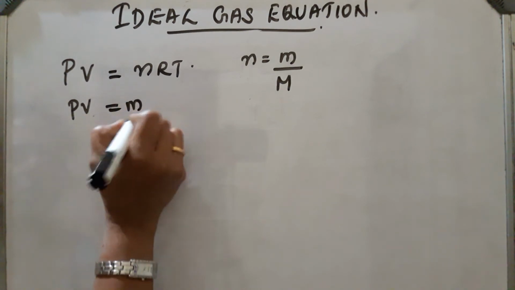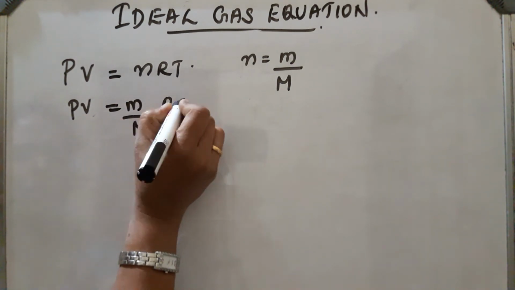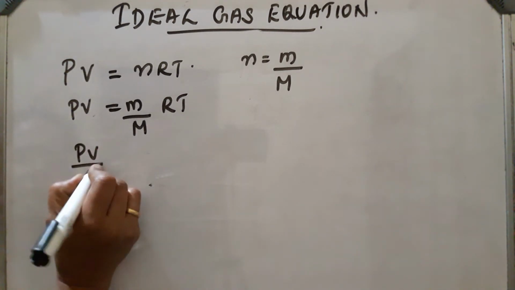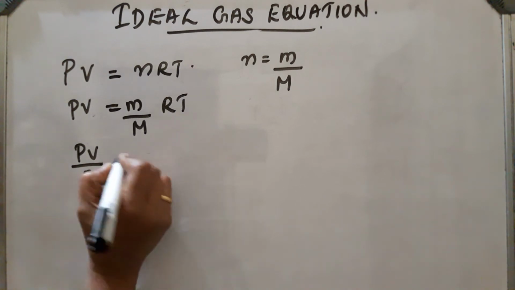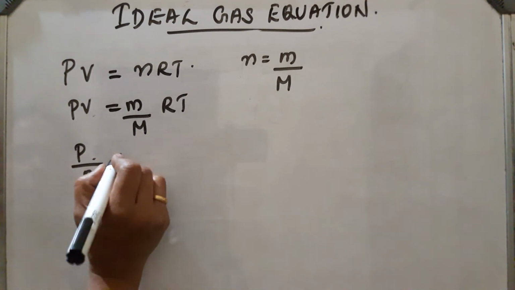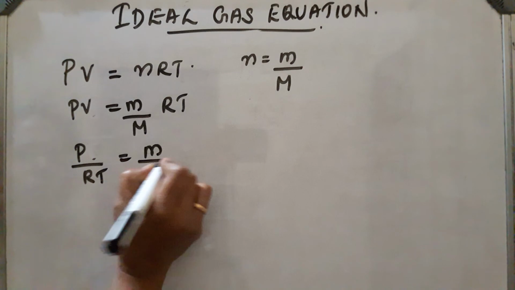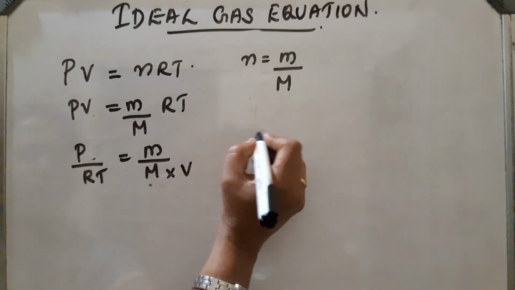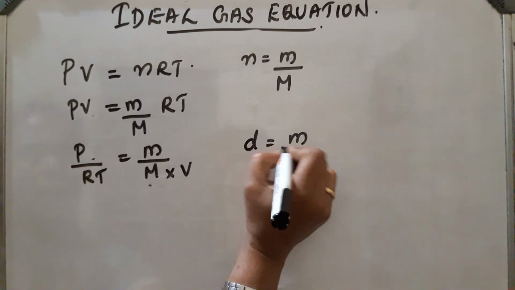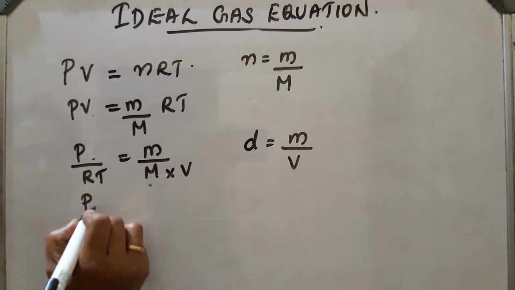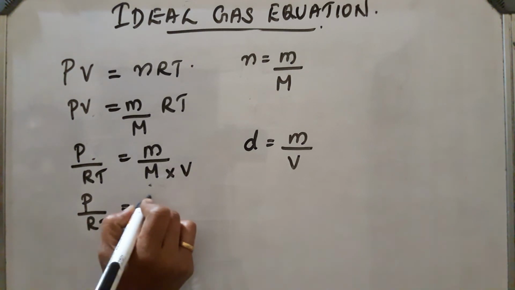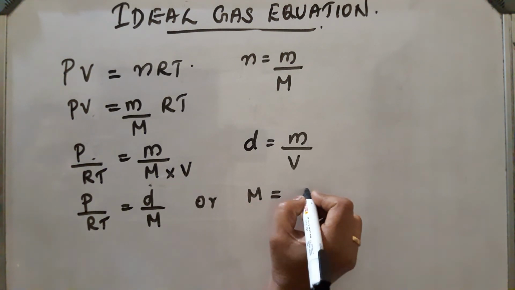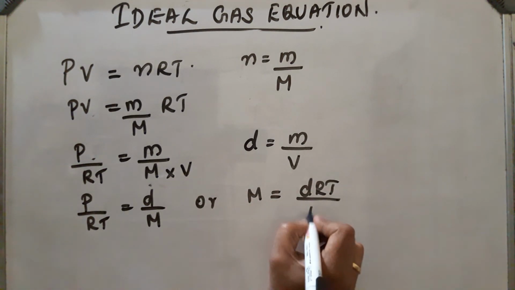So we can substitute here: P = (m/M) RT / V, so P by RT is equal to m by M into 1 by V. We know density is equal to mass by volume. So P by RT is equal to d by M, or M will be equal to dRT by P.